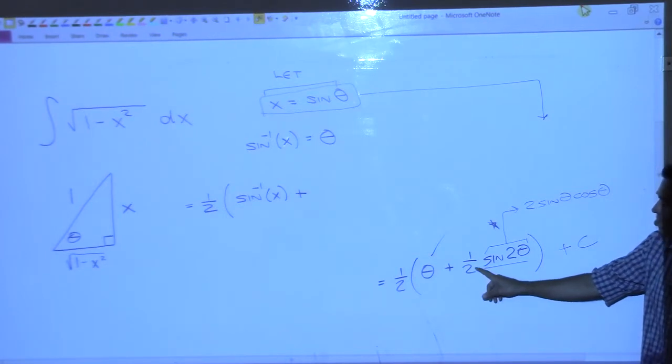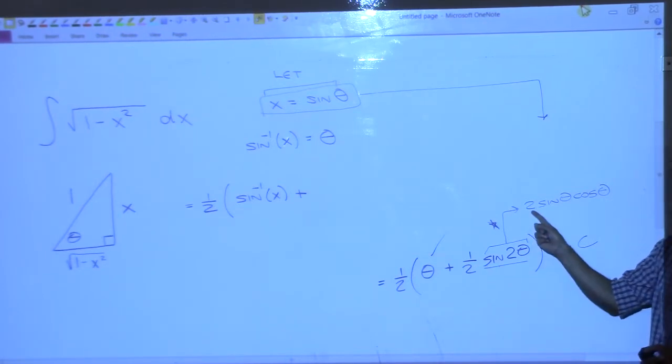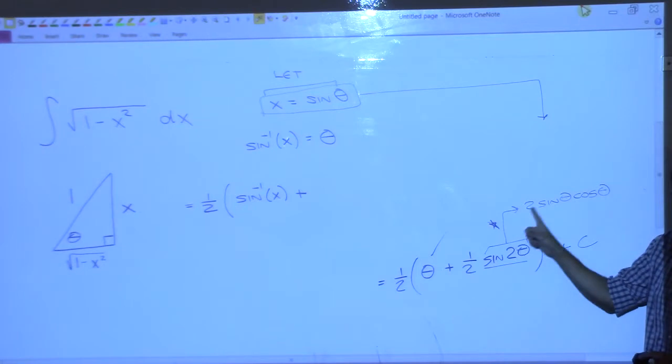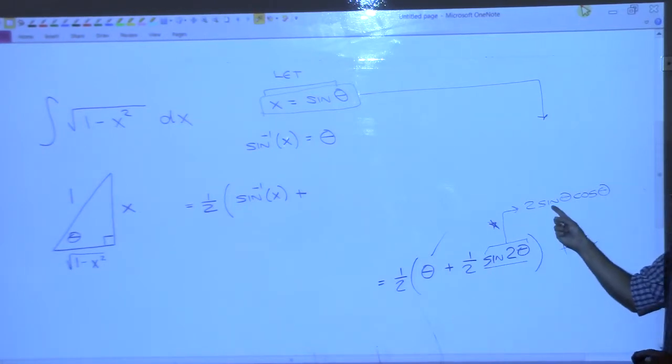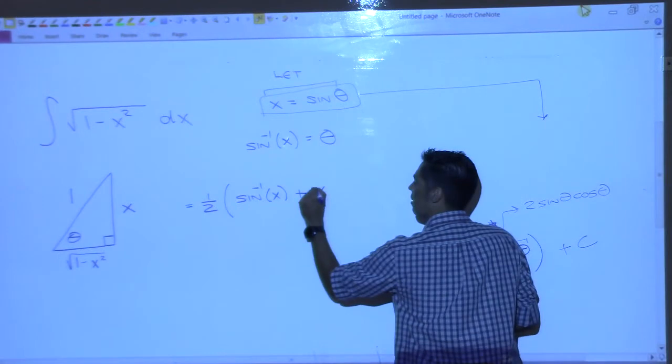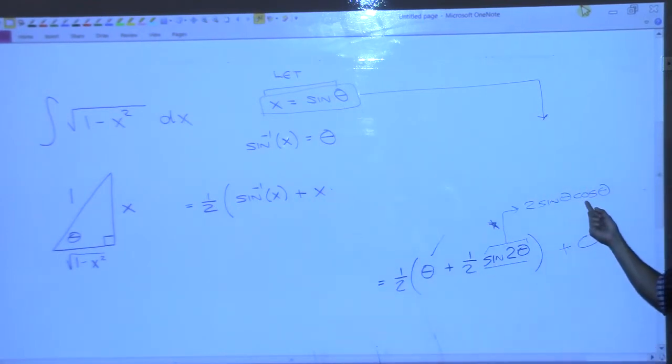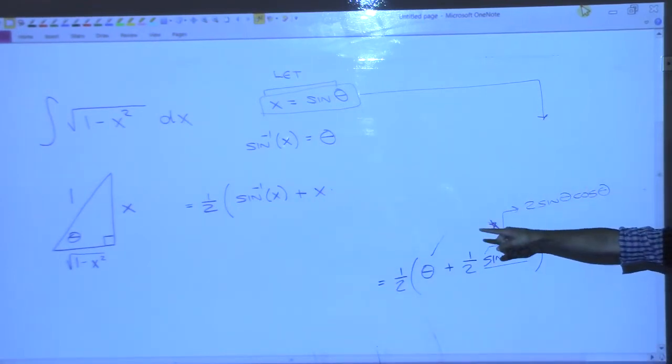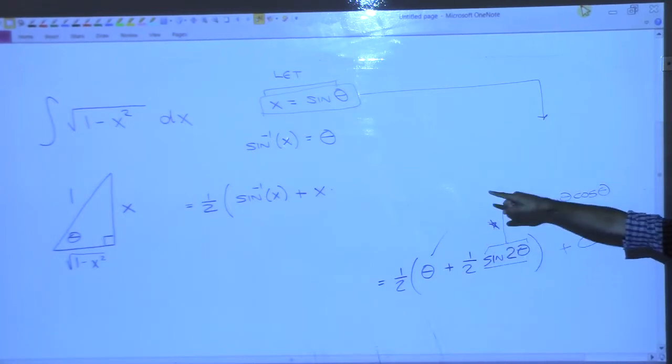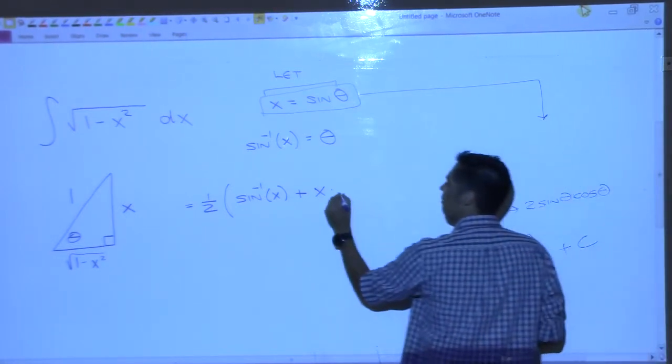Half times 2, so the half and the 2 are going to be gone. And then we have sine theta, which we know is x, times cosine theta, which is off your triangle, square root of 1 minus x squared.